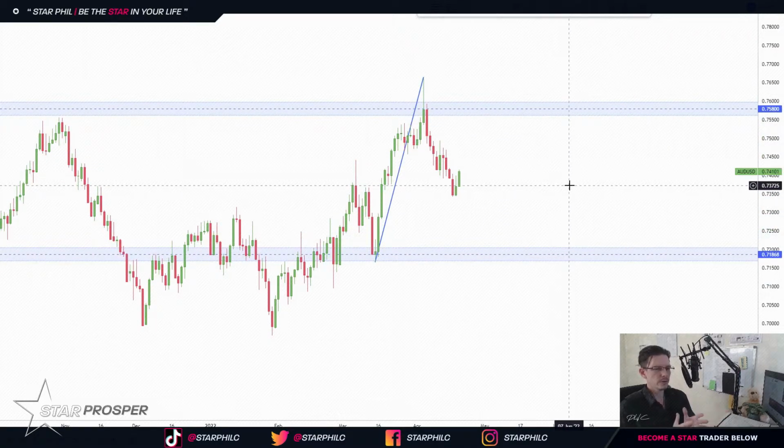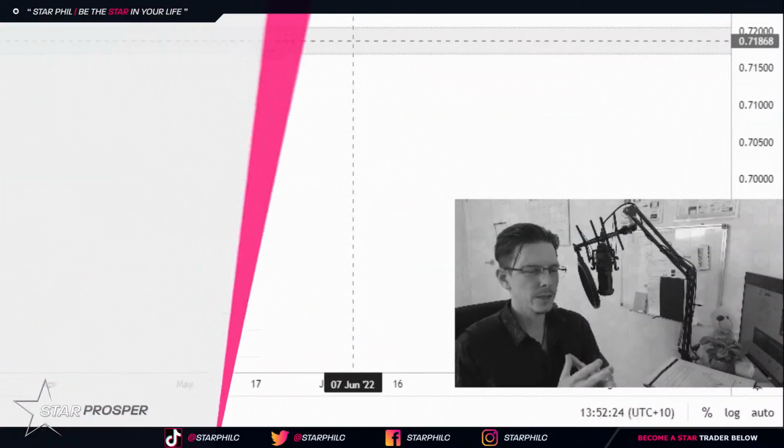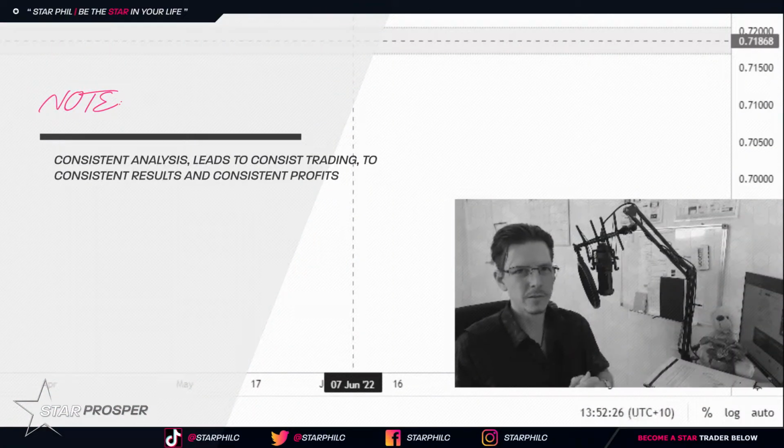And this whole process keeps trading very clean. It's very simple, easy to follow. There's a process that we walk through, and the byproduct of doing that is we get consistent analysis. And what comes about from consistent analysis is consistency in our trading in terms of execution.